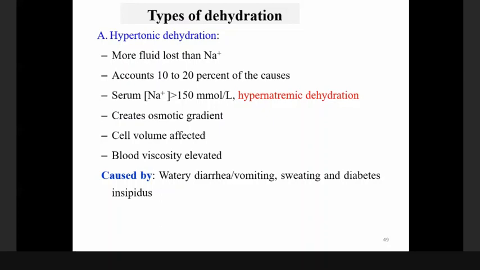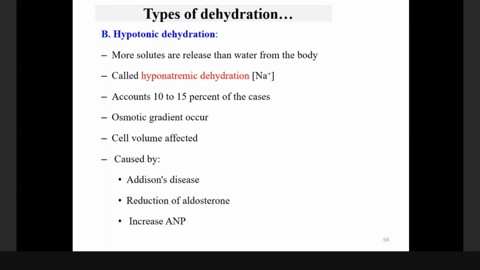Next is hypotonic dehydration. That means when the subject loses more sodium than water, then the blood becomes a hypotonic solution because the subject lost more sodium than water, and water remains, but still there is dehydration. Still there is reduction of body fluid.